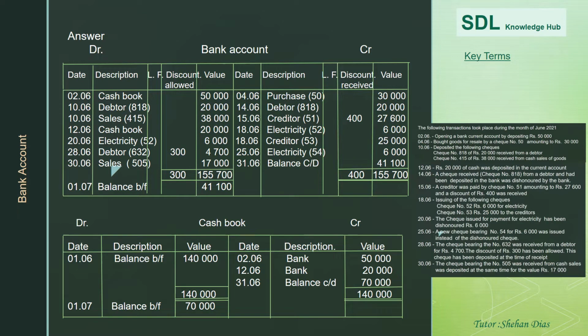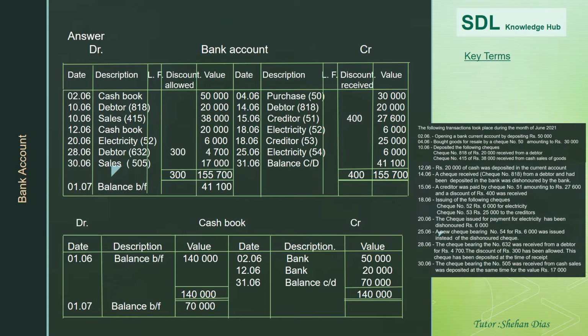So with the deposited check dishonored, the bank balance will reduce by that amount, 20,000, stating debtor, and the debtor will again get debited for 20,000 because his check is not being paid.